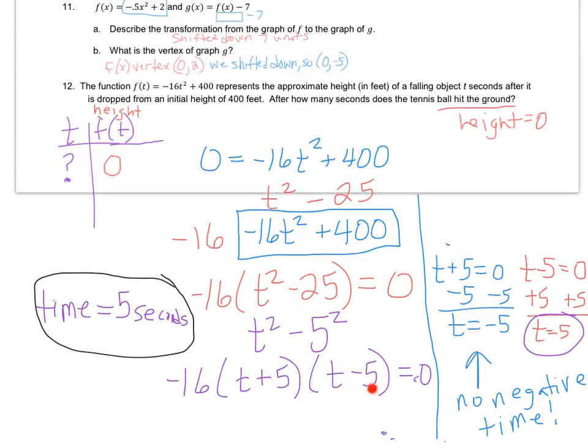So I went ahead and wrote it out in factored form and set each factor equal to 0. When I got to the end, I had t equals negative 5 and t equals positive 5. Well, there's no such thing as negative time, so my answer is 5 seconds.